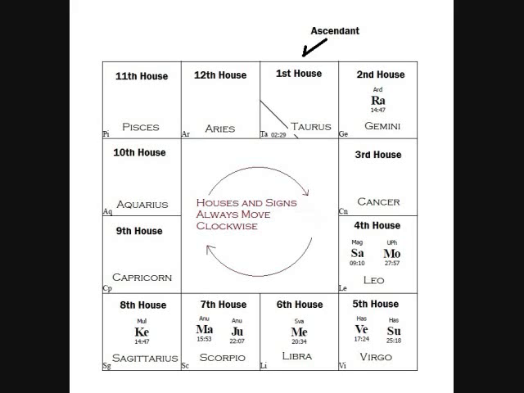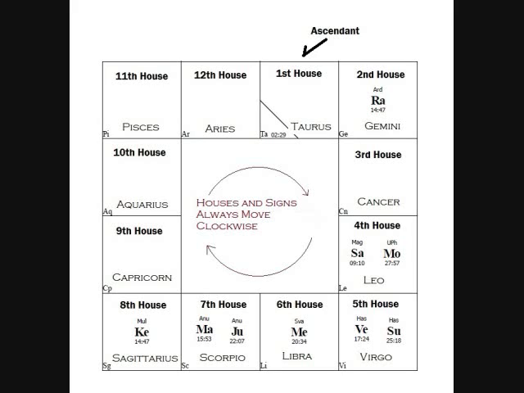And the rising sign is different than the sun sign that most people are used to with Western astrology, because the sun sign changes every 30 days. However, the ascendant changes every 2 hours. So this is more specific to your personality, who you are, how you express yourself in the world, and how other people see you. Now from the first house, the houses and the signs always move in a clockwise direction.